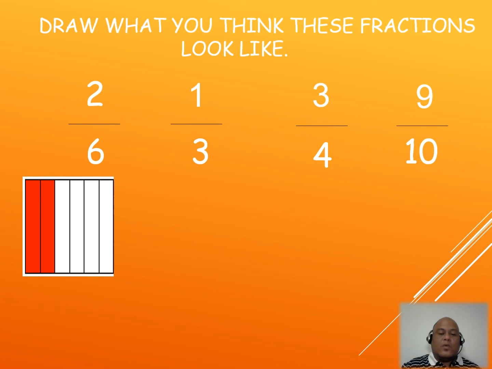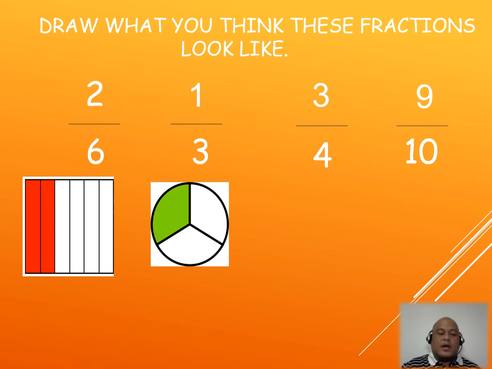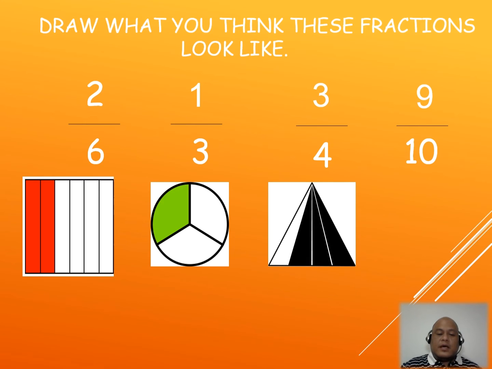Next is 1/3. This circle is divided into 3 equal parts. And I colored 1 part of this circle. Next is 3/4. This triangle is divided into 4 equal parts.